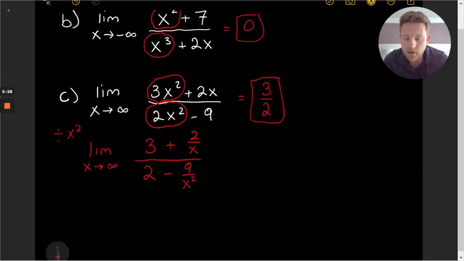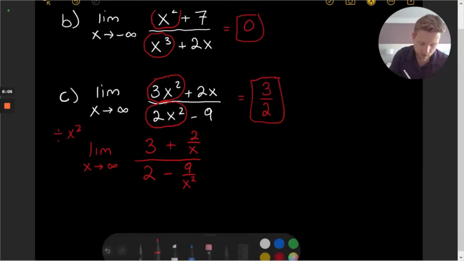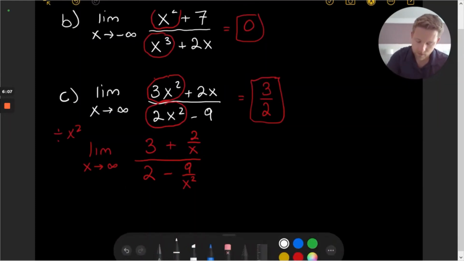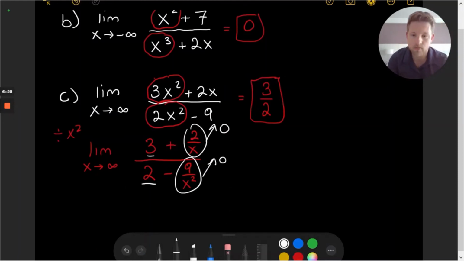Now let's consider the limit as x goes to infinity. The constants will stay the same. So nothing happens to the 3, the 2 over x term here will tend off to 0 as x goes to infinity. The 2 will stay the same, and the 9 over x squared will also tend off to 0.